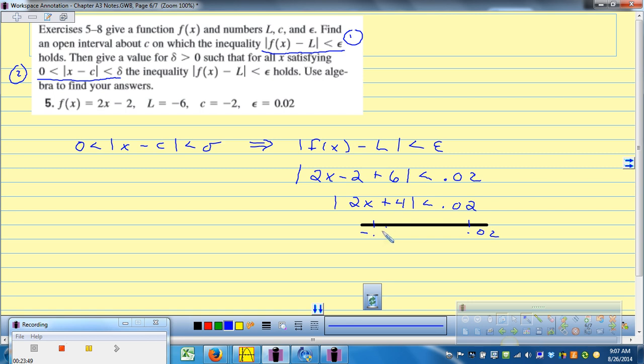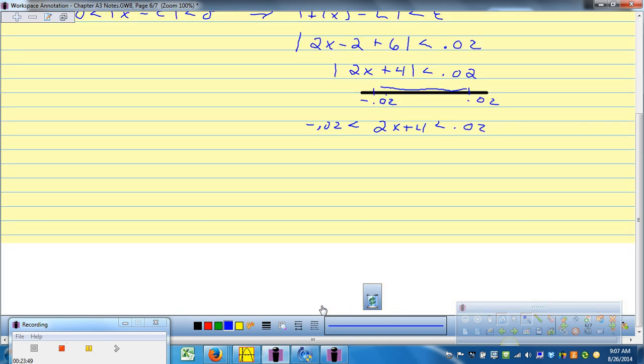Greater than negative 0.02. So it's going to fall somewhere in there. So we take what's inside the absolute value, 2x plus 4, and set up our compound inequality. Less than 0.02 and greater than negative 0.02. Questions on what I have there?